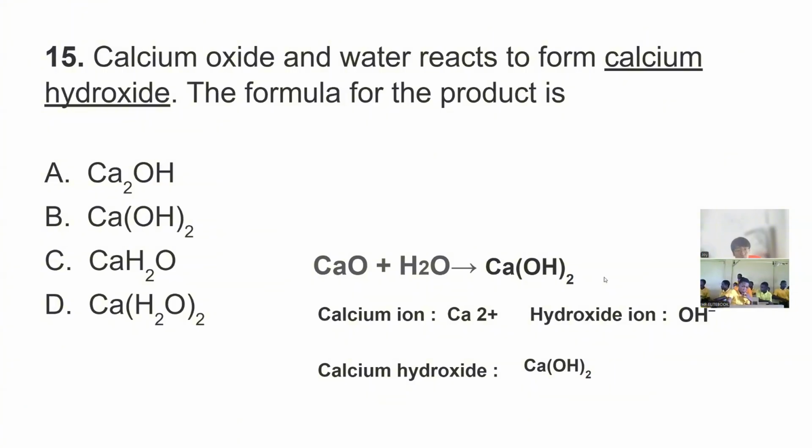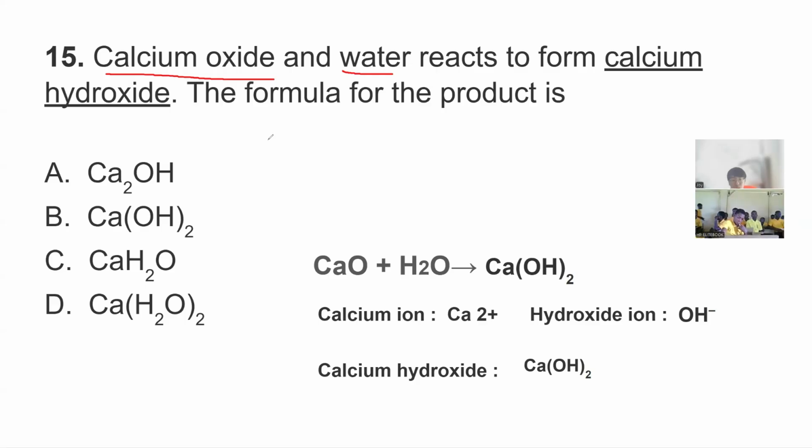But let's look at this question. Calcium oxide and water react to form calcium hydroxide. So what is the formula of the product? I have this written down on the right here.